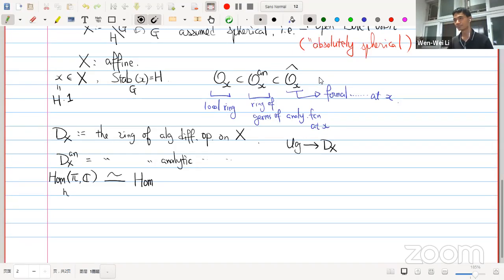First, let's take Hom_G. The first step is to observe that this equals Hom_G of pi into O_X hat, the formal completion at x, where you are just taking the usual Hom.